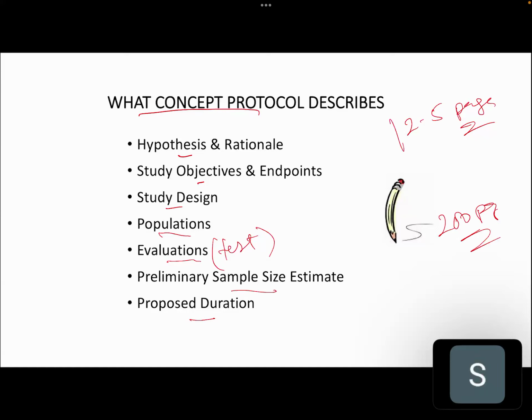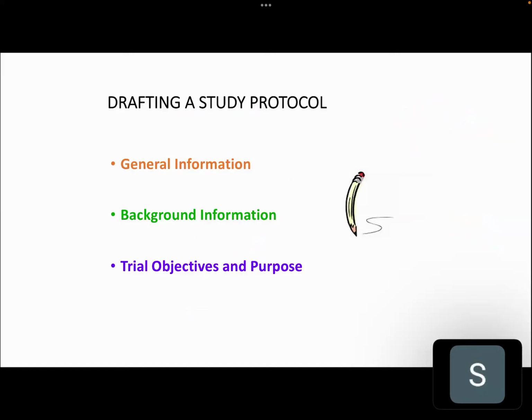So first, as a scientific team, you just write a simpler version to understand whether we are going in the right direction. Because if there is a problem or issue, it is easy to fix in these small 2 to 5 pages. A 200-page document is difficult to fix. Now, drafting of the study protocol. We will talk about each section separately.